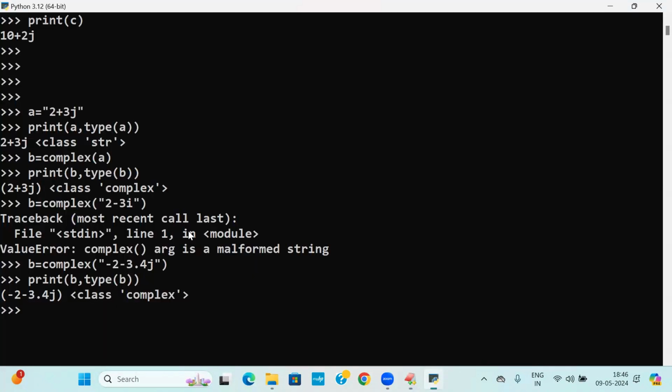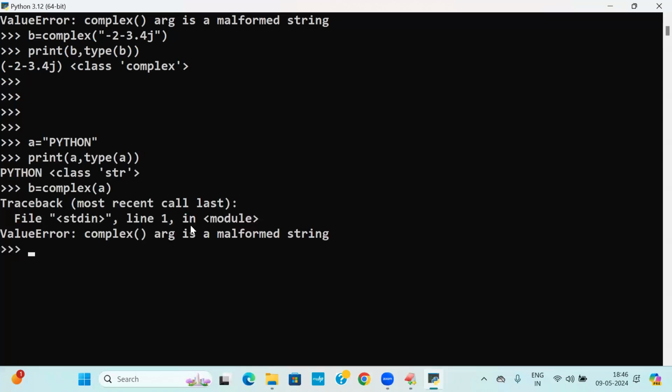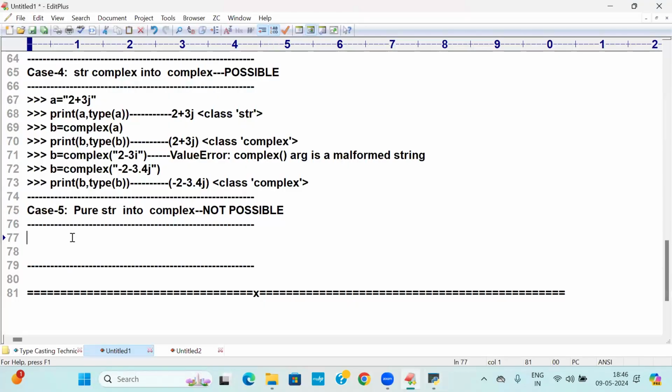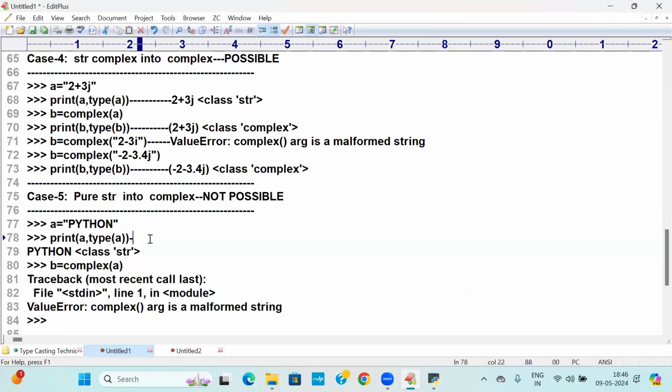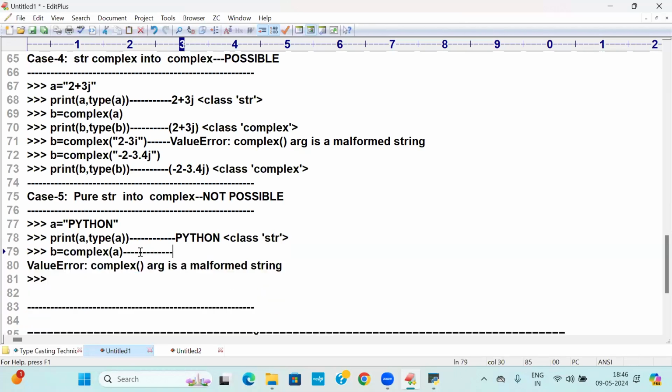Why? Alphabets. How can you convert them? A is equal to Python. Print of this A, and complex of this gives an error: ValueError. So go to this place, it is going to be a value error. And the complex of this A also gives an error.